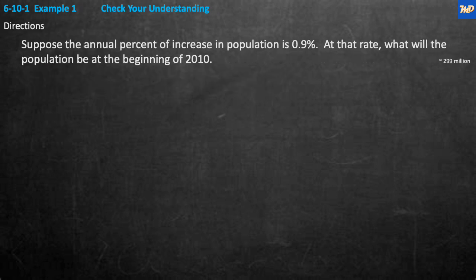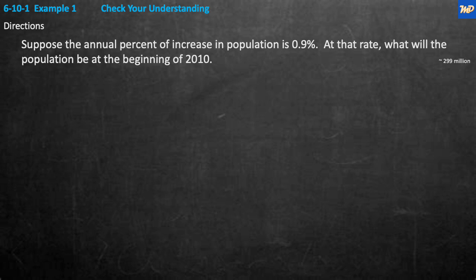Okay, example 1, check your understanding. It's your turn. Suppose the annual percent of increase in the population is 0.9%. At that rate, what will the population be at the beginning of 2010? So off you go. Draw up a table. It's 5 columns, about 10, 11, 12 lines long. Fill in the numbers.